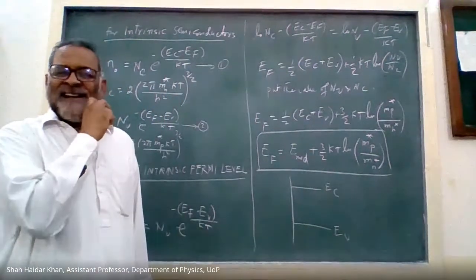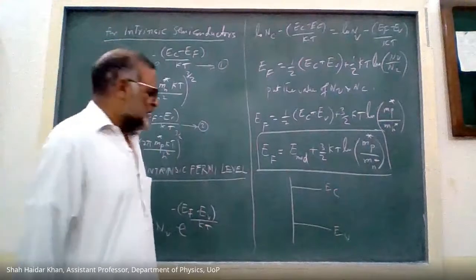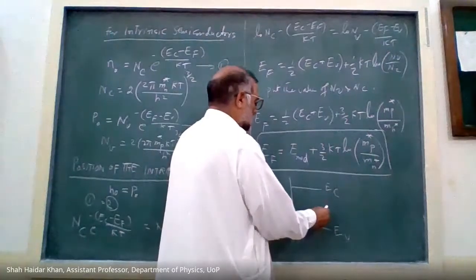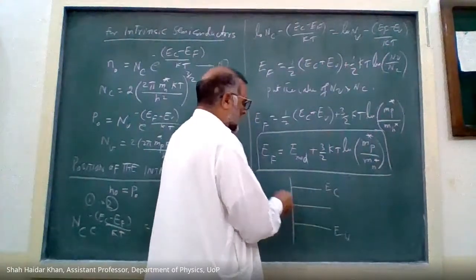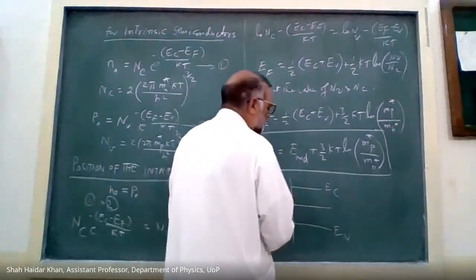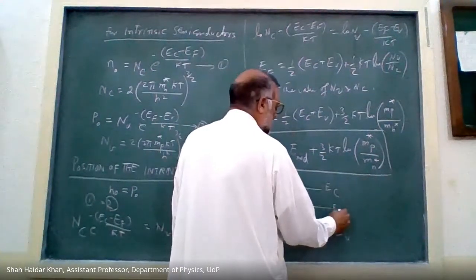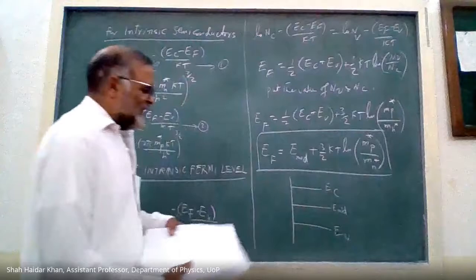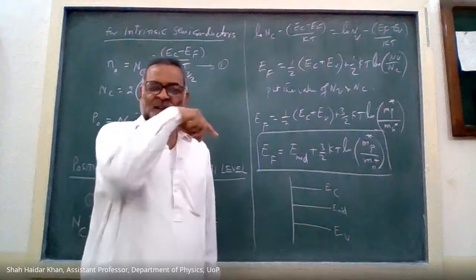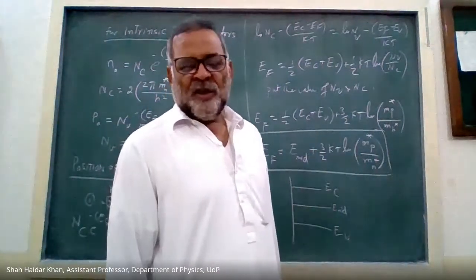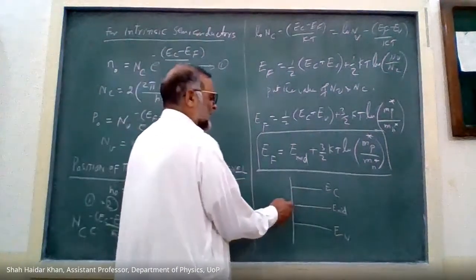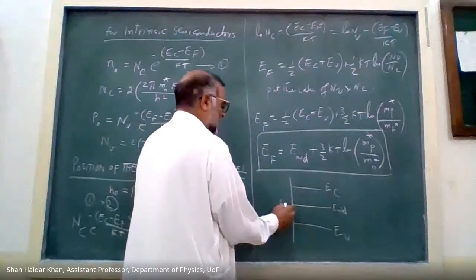At T equal to 0, the Fermi level will be here, but at T not equal to 0, it is supposed to stay here, that is E mid. At some temperature, from that graph, the probability of occupation of the Fermi level is half. So the Fermi level lies here.